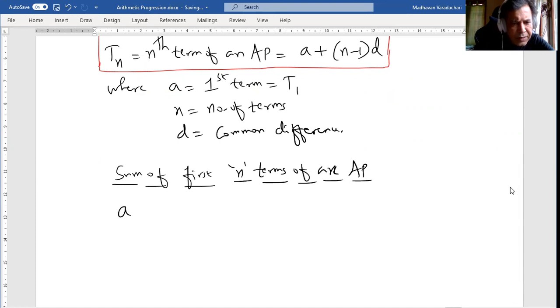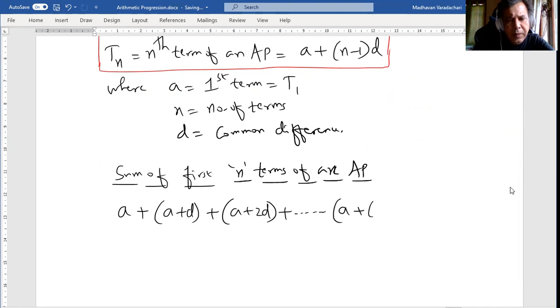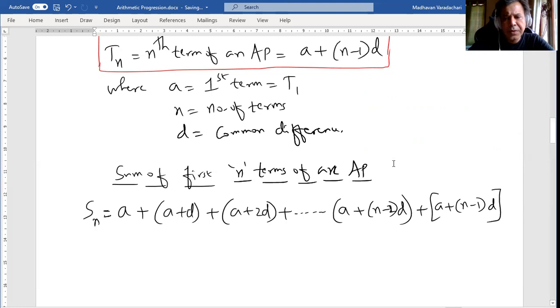What we are talking about is A plus D plus A plus 2D, and so on, A plus n minus 2D plus A plus n minus 1 times D. We are talking about this. This is denoted by S suffix n, meaning the sum of the first n terms.